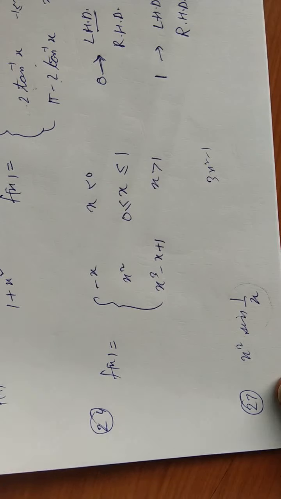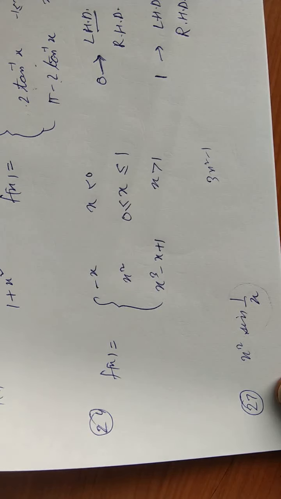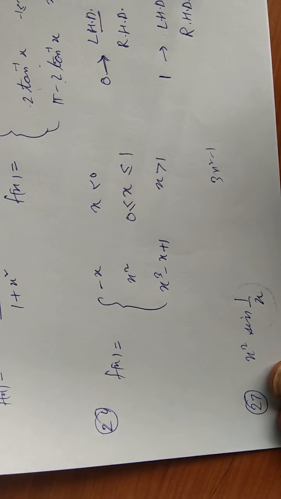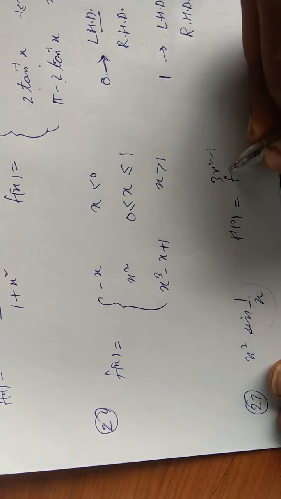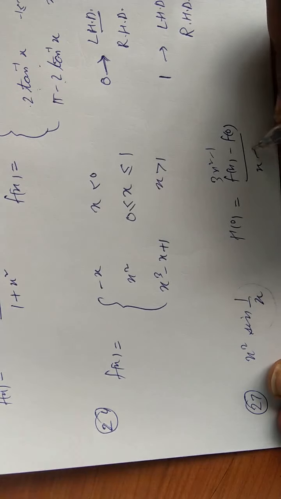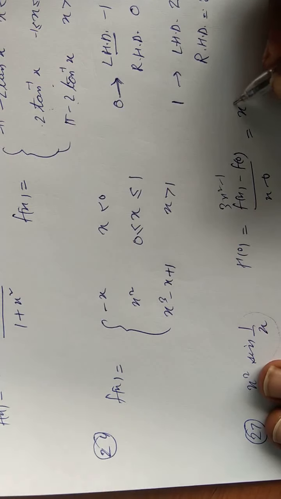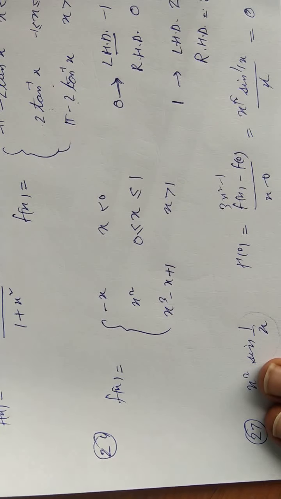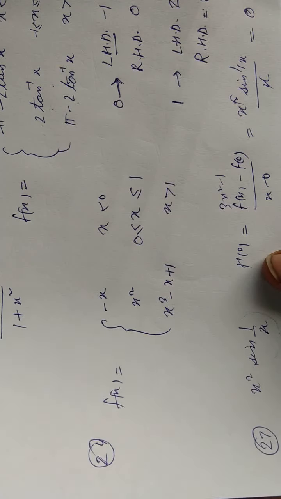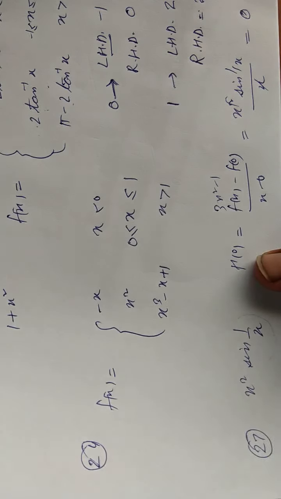So the function over here is x square sin 1 by x. So let's calculate f dash 0, which would be (f(x) - f(0)) upon (x - 0), x square sin 1 by x upon x, and x tending to 0 this goes to 0. So function is derivable at x equal to 0.